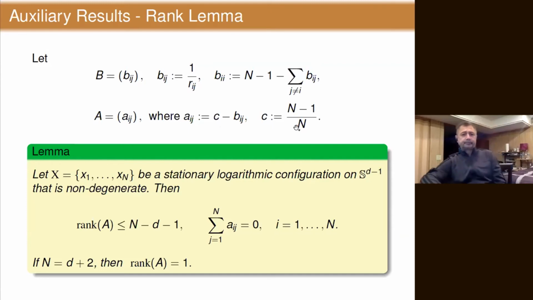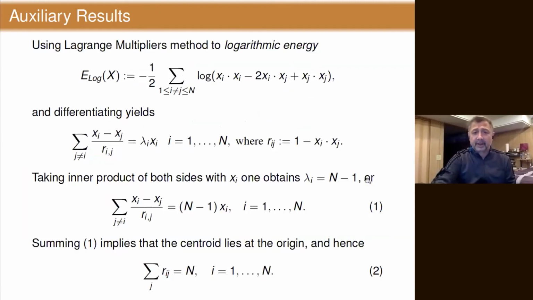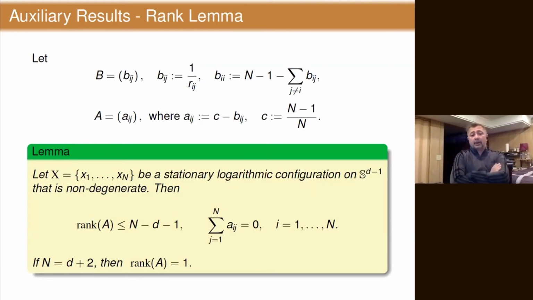Then if x is a stationary logarithmic configuration on S^(d−1), which really means it satisfies these vector equations, equation 1, then the rank of A is less than or equal to N − D − 1, and the sum of the A_ij, j from 1 to n, is 0.